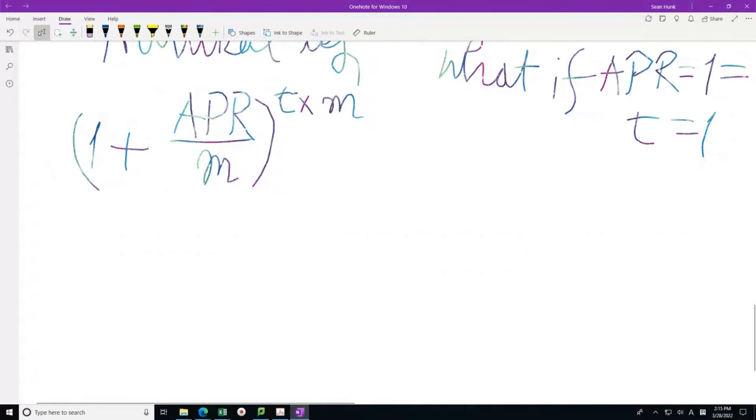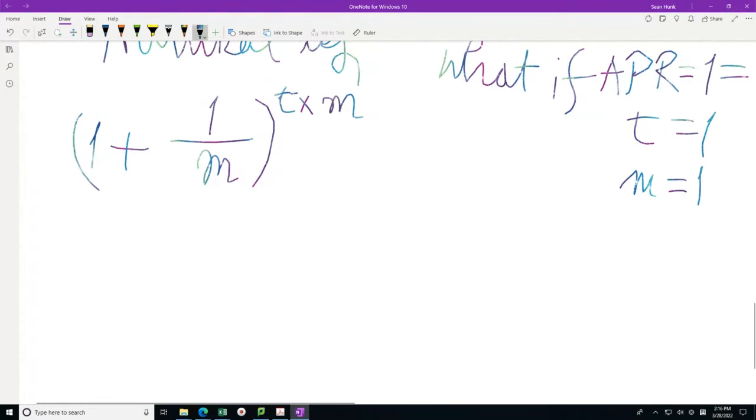Assume that at first M is 1, so annual compounding. In that case, we'll rewrite it as 1, because that's 100%.